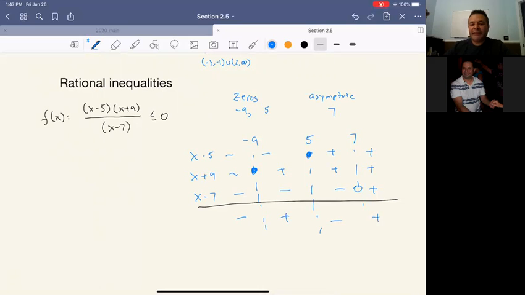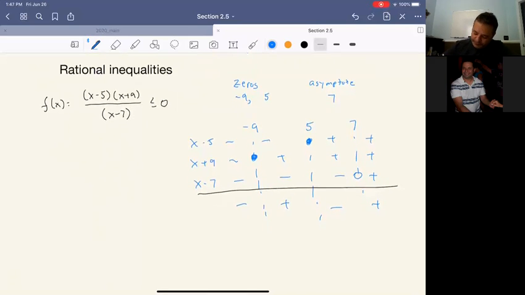So when is this less than or equal to 0? Okay, well, negative infinity to -9. Do we include the -9? We do. 5 to 7.